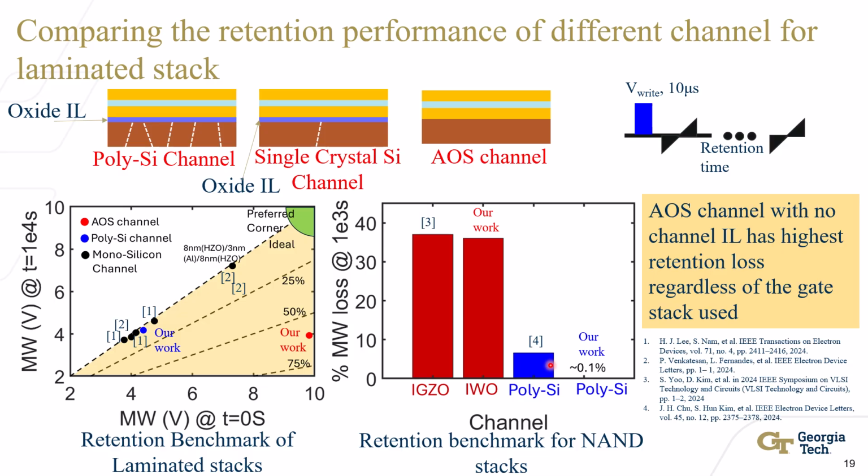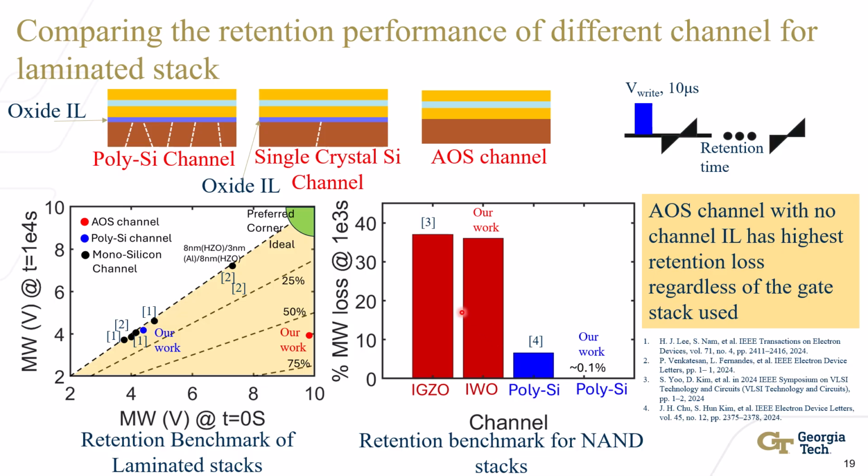We can see that the memory window loss on polysilicon channel is relatively much lower compared to the AOS channel devices in our work and in previous works as well. This in general shows that AOS channel devices without an interlayer tend to have a higher memory window loss compared to polysilicon channel FEFETs, where the memory window loss is significantly low.